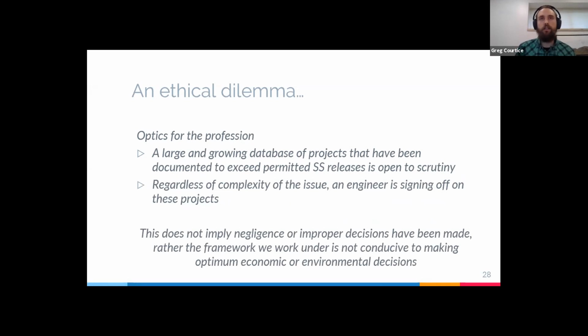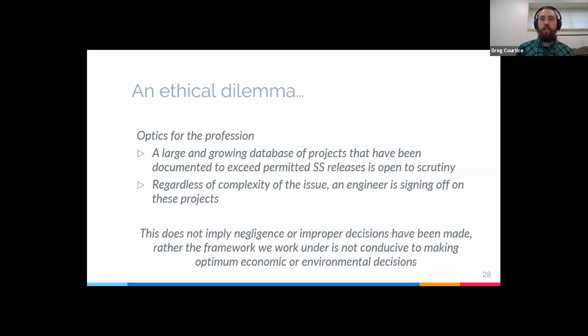There's a large and growing database of projects that are documented to violate their permits. They're documenting exceedances that's open to scrutiny. And regardless of why this is happening, ultimately engineers are signing off on these projects that they know are going to violate these regulatory prescribed limits.